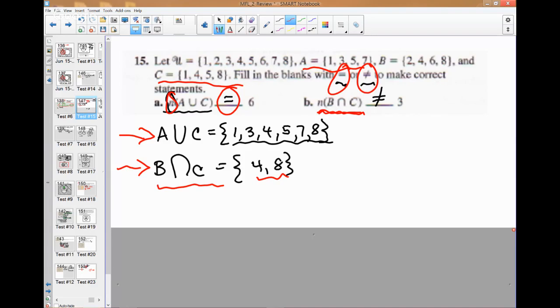So there's B intersect C. Now that I know that set, what is the number of elements in that set? The answer is 2. Well, they've got a 3 up here, so to make it true, I needed to insert a not equal sign.